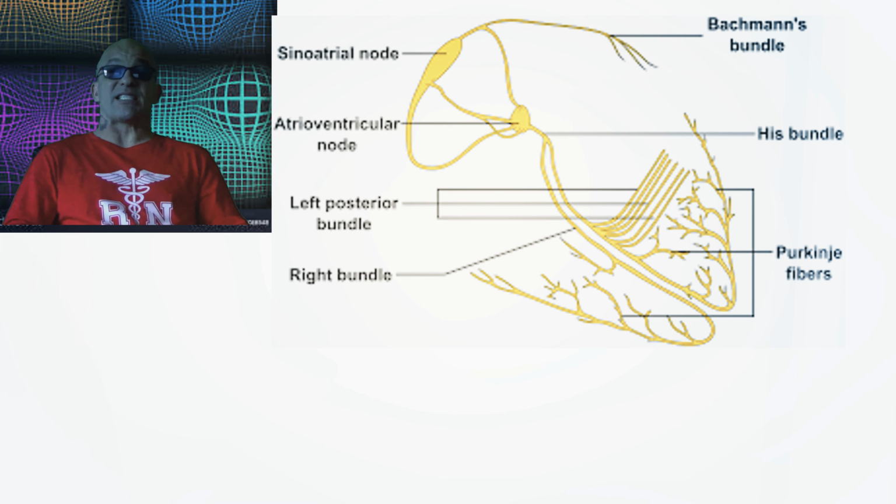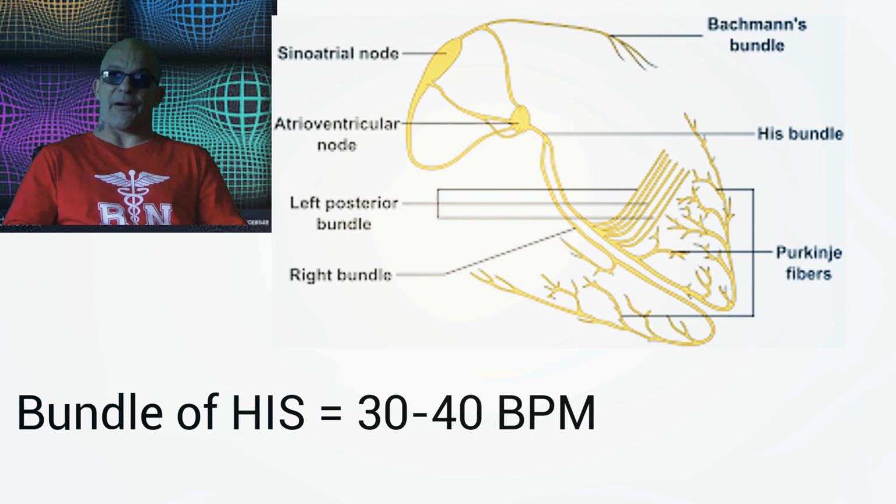The impulse then signals the ventricles to contract. If damage were to occur to the SA node and AV node, the bundle of His in its left and right branches can also take over pacemaker responsibilities, but the rate of conduction here will be even slower, averaging about 30 to 40 beats per minute.